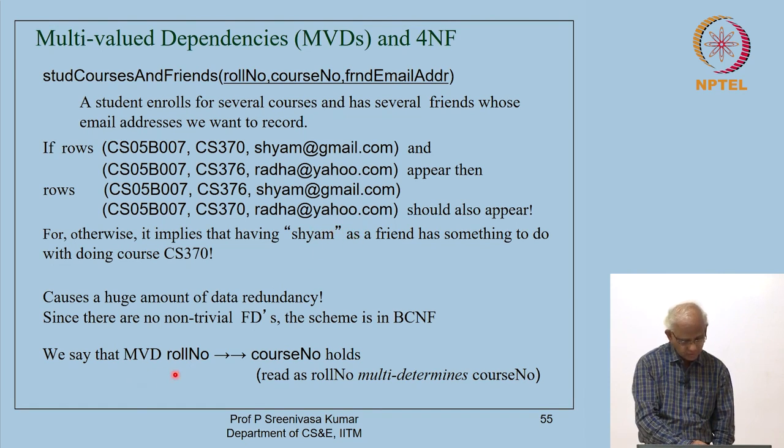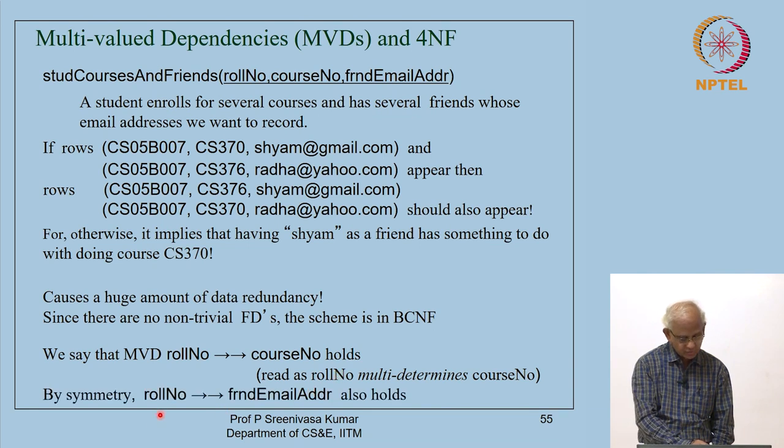So, for notation we will say that the multi-valued dependency roll number multi-determines course exists, and so by symmetry we can also see that roll number multi-determines friend email address also holds. I will tell you the formal definition in a short while.